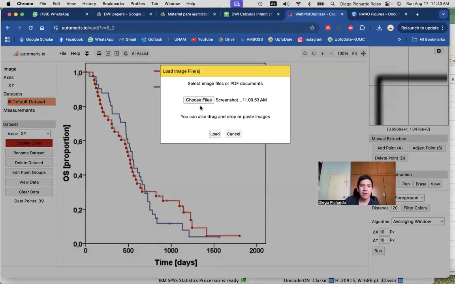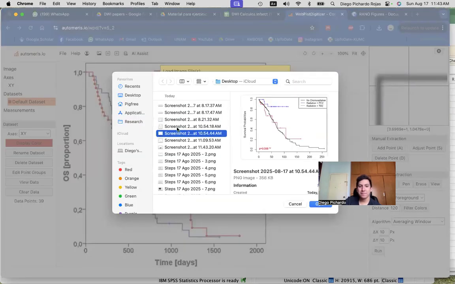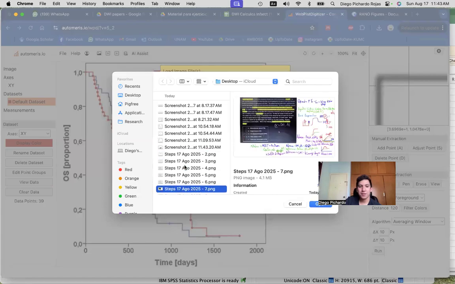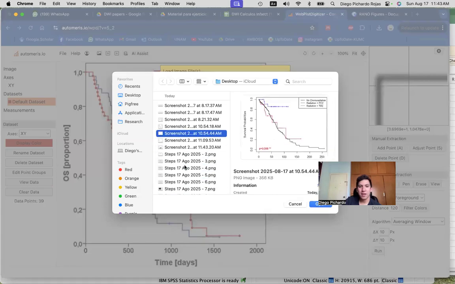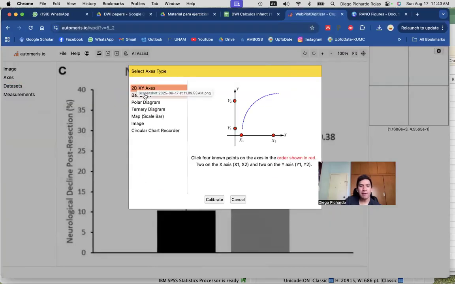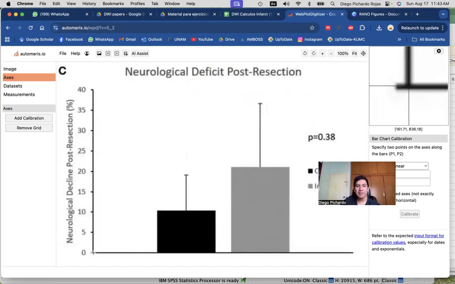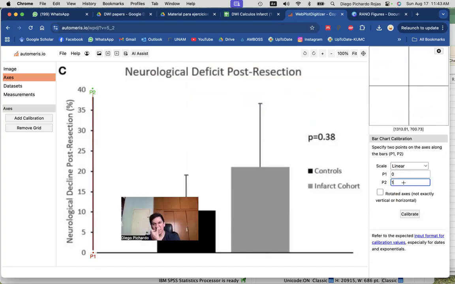We're just gonna load a new image. Now we're just gonna put it like a graph. We're just gonna get calibrated. This is 0. This is 40%. 0.